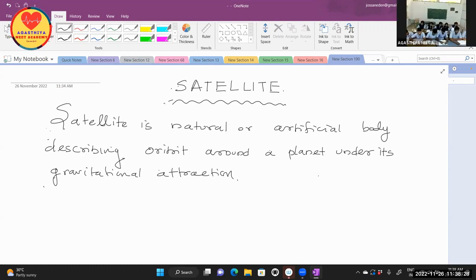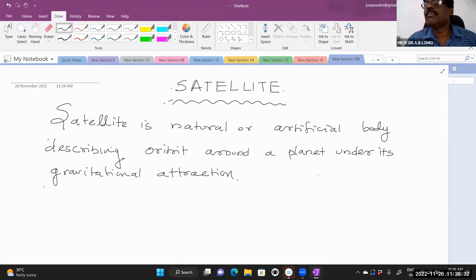Under the gravitational attraction between the planet and the satellite, the artificial or natural body will be rotating.